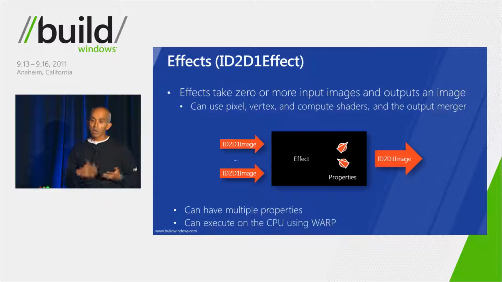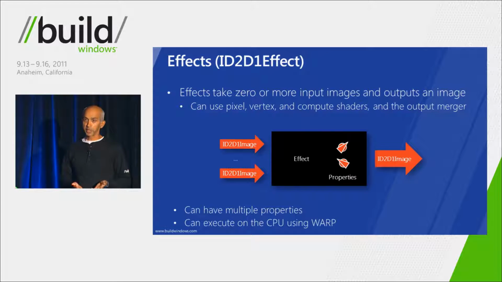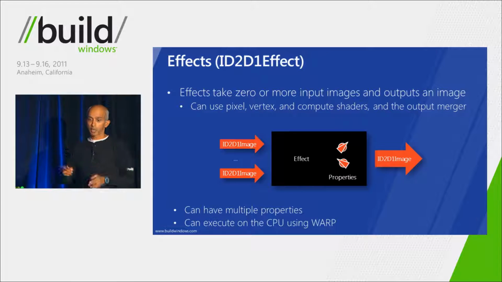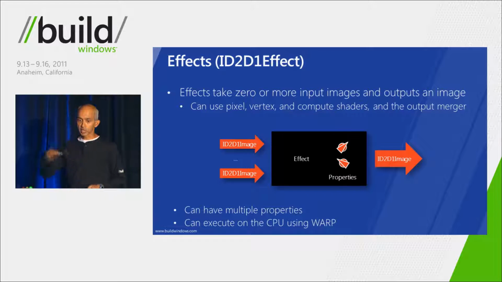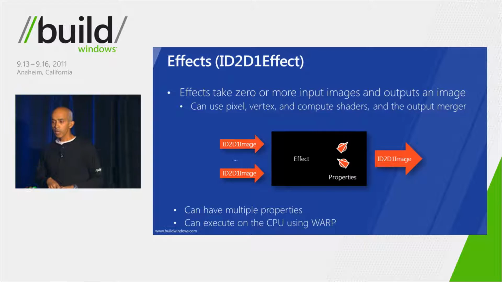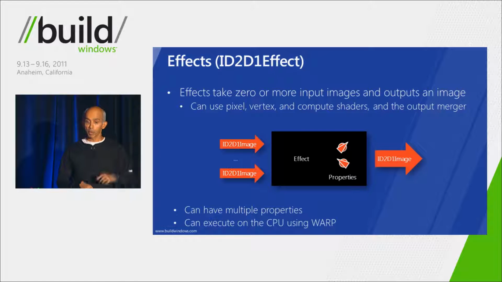For example, a blur effect might have a blur radius that affects the degree of blur. As I manipulated the text in the example we saw earlier, I was programmatically just changing the radius. Or a crop effect, for example, might have a rectangle property to adjust the amount of crop you need.